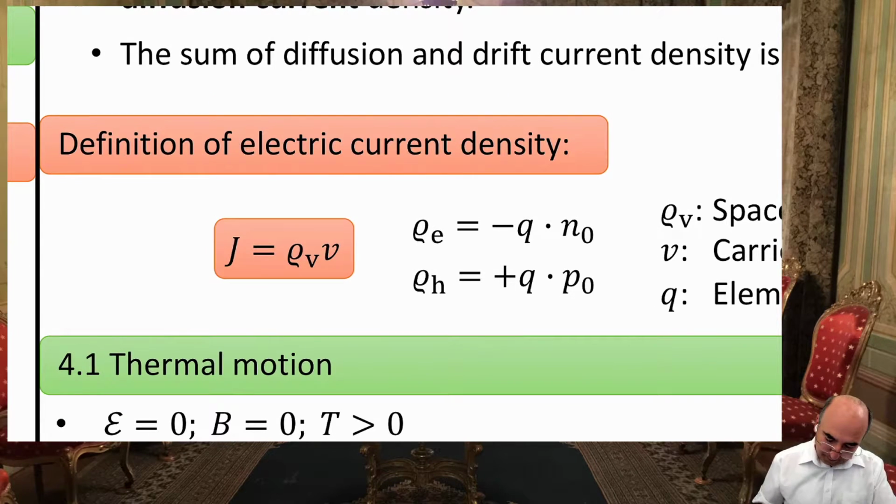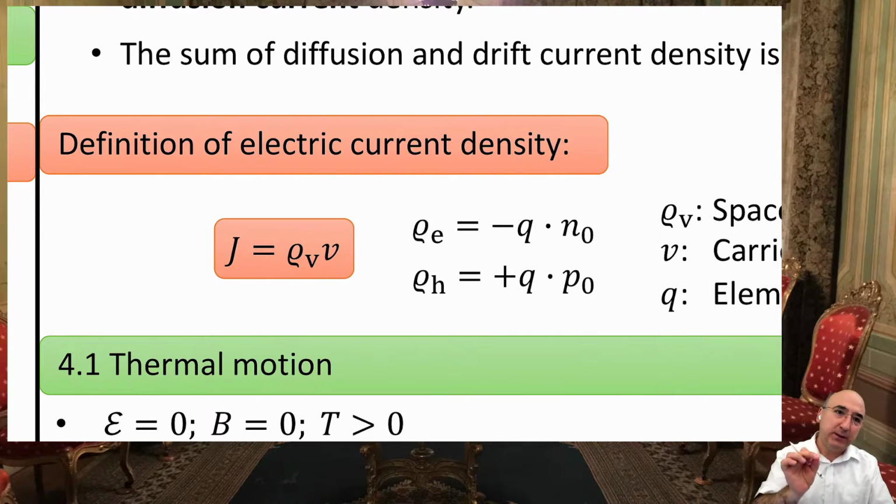That's the number of particles per volume which are charged, and these particles are moving. So close your eyes and imagine the room you are sitting in is full of dust particles. You don't see them, but they are there.